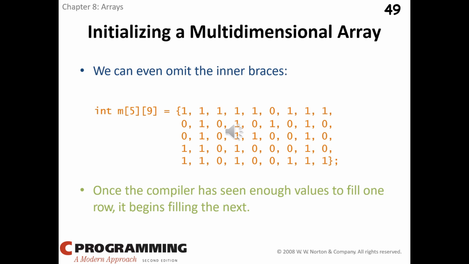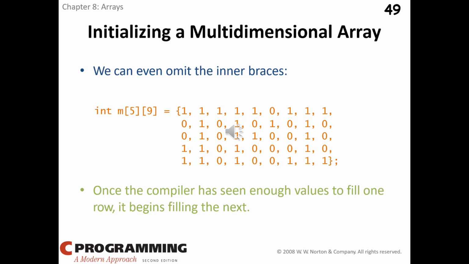So imagine we're constructing a big puzzle. Each puzzle piece corresponds to a number in our grid. Now, let's say our puzzle has 5 rows and 9 columns, just like our grid. When we're putting together this puzzle, we don't necessarily need to put each puzzle piece in its own box before placing it on the table. Similarly, when initializing our grid in code, we can sometimes omit the inner braces, which represent the boxes for each row.